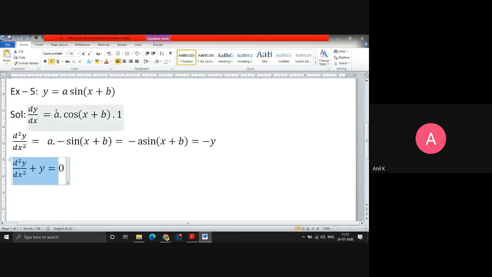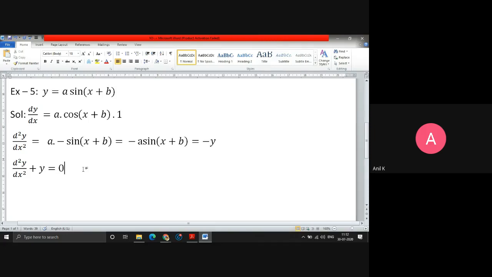No, there might be some solutions. Here I have one solution; there might be more solutions which end up with the same differential equation. That's what we say: with respect to one differential equation, you can have multiple solutions. The solutions of a given differential equation need not be the same.